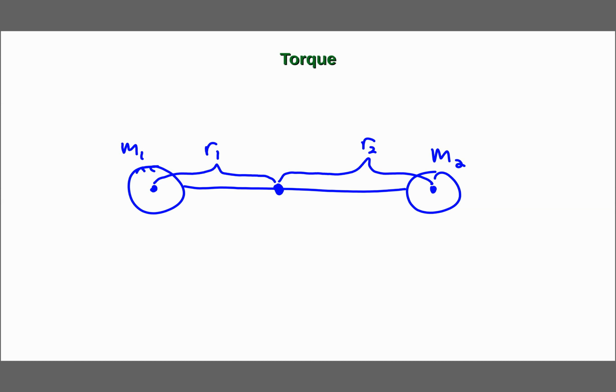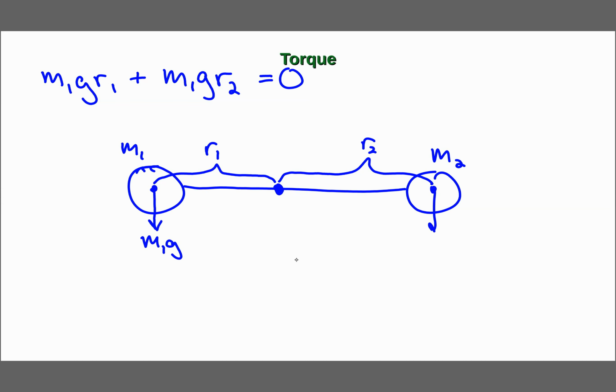Now you can see that to balance this, I would need m1 g r1 plus m2 g r2 equals 0. And we can see that, noting that m1g points this way, m2g points this way, and then r2 points this way, and r1 points this other way, these are going to have opposite signs, okay?